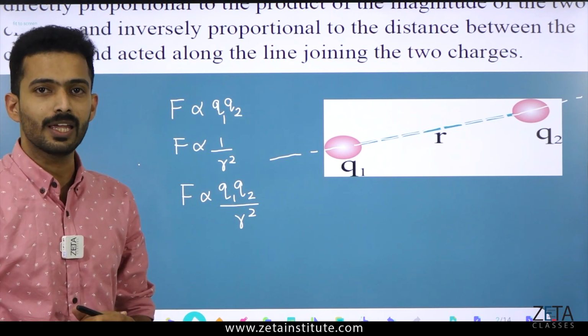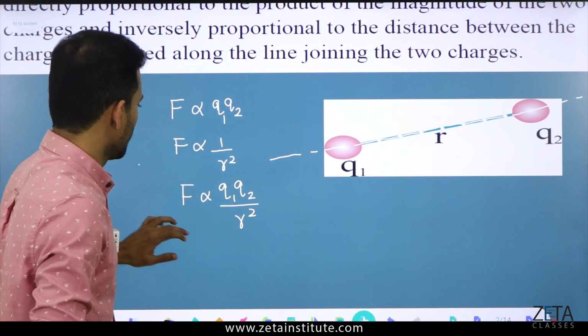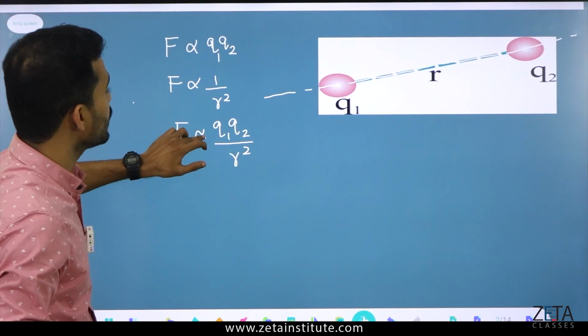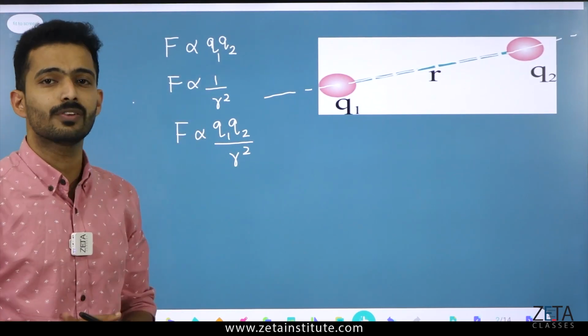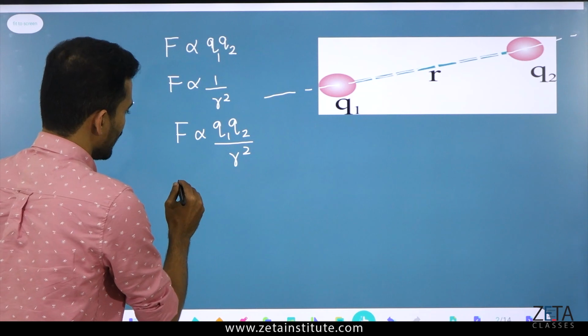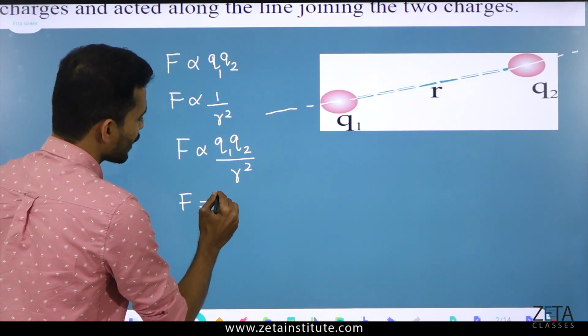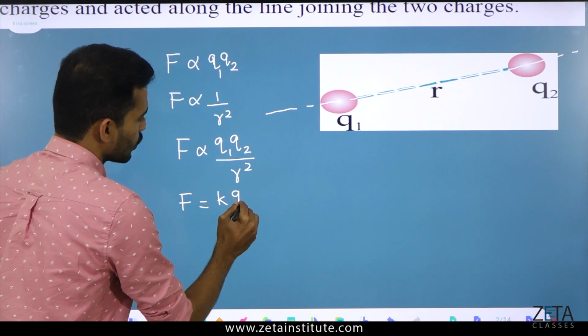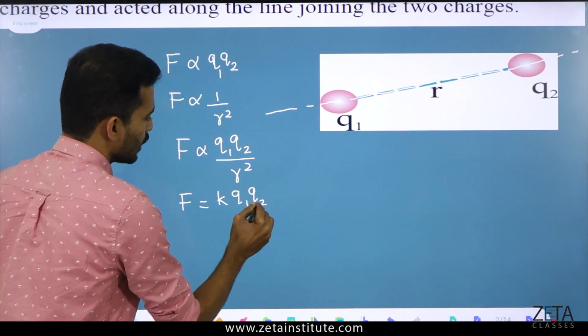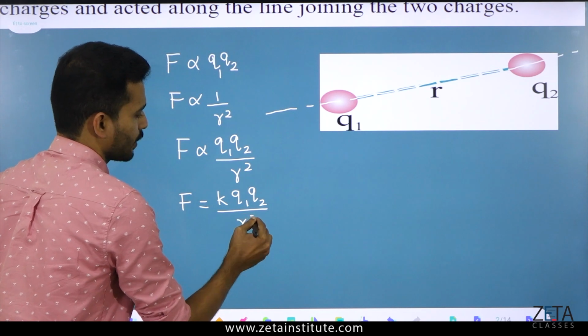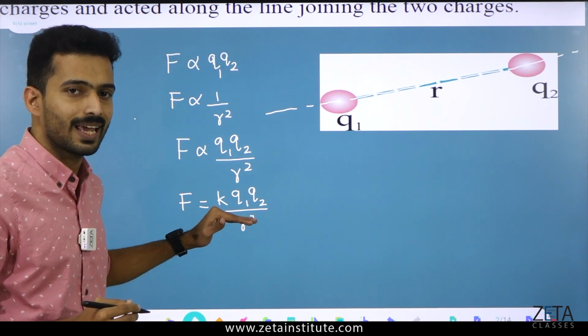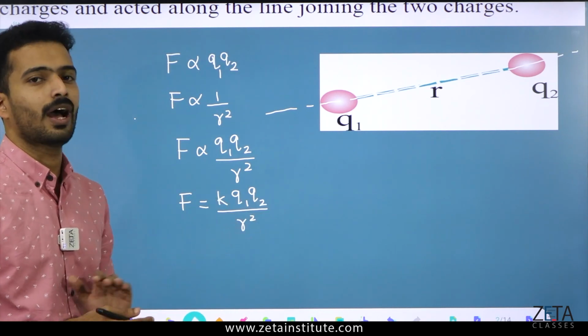Then, to change this proportionality into equality, you have to multiply by a constant. Then we can write F is equal to a constant into Q1 Q2 divided by R square. F is equal to K Q1 Q2 by R square.